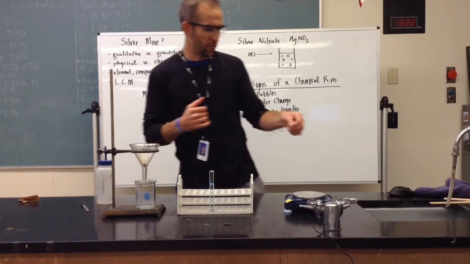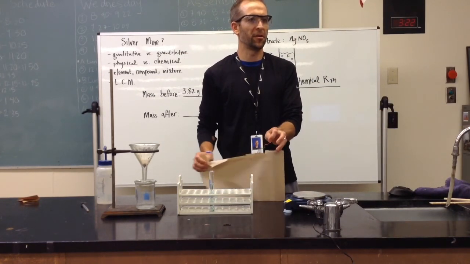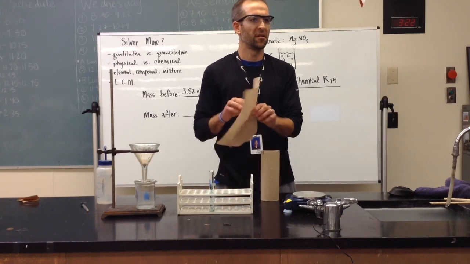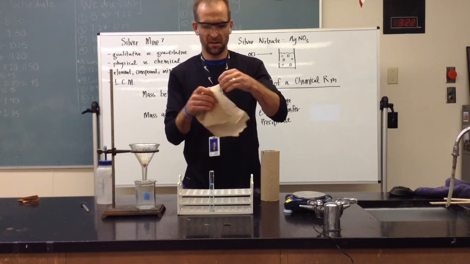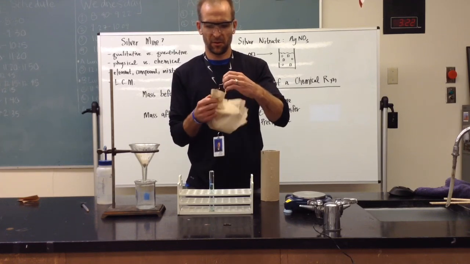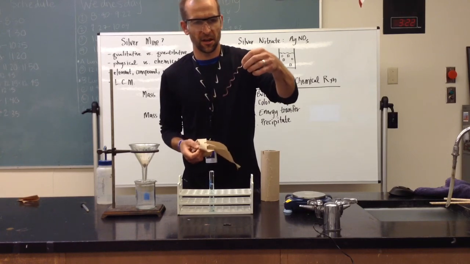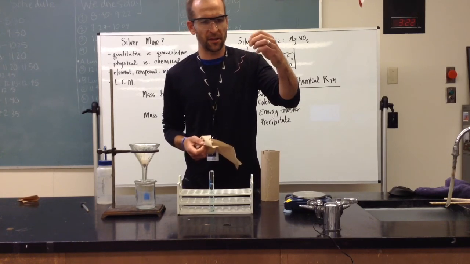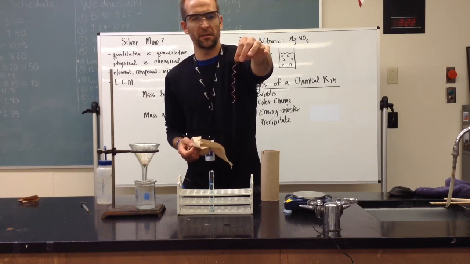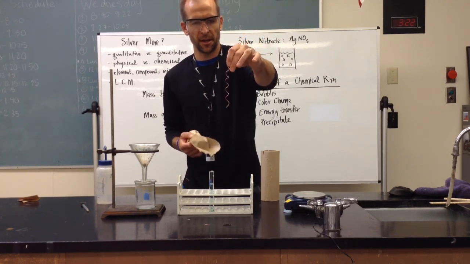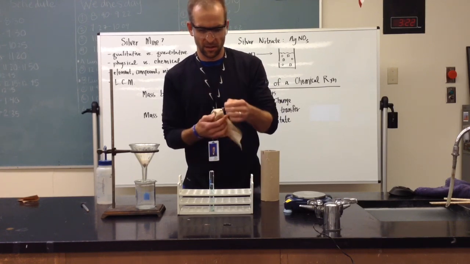And then I'm going to dry my wire with a paper towel. So as you can see, it's not quite as shiny as it was before I put it in there. It's a little more dull, and it looks almost like it's pitted out.